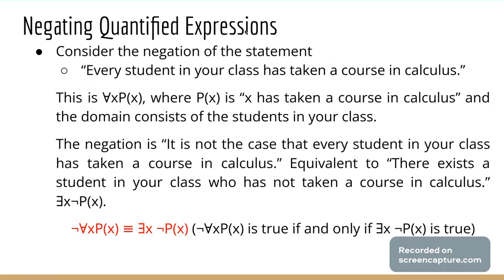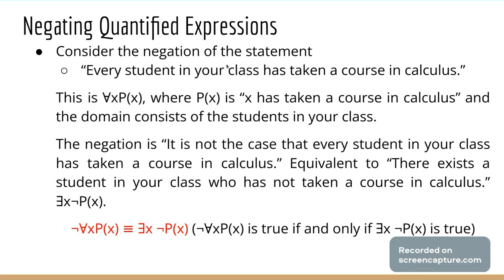Now, negating a quantified expression. We are looking at an expression in the English language. Essentially, negating a quantified expression is simply using De Morgan's law. In De Morgan's law, if I have "for all x P(x)", negating it, "for all" will become "there exists" and P(x) will become not P(x). So take the statement: every student in your class has taken a course in calculus.